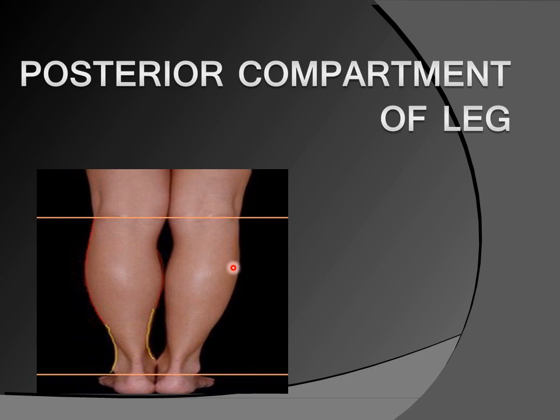Among these three compartments, the posterior compartment of the leg is the bulkiest because it contains large, powerful anti-gravity muscles, for example the gastrocnemius and the soleus.